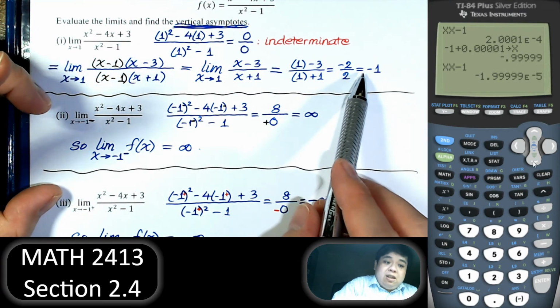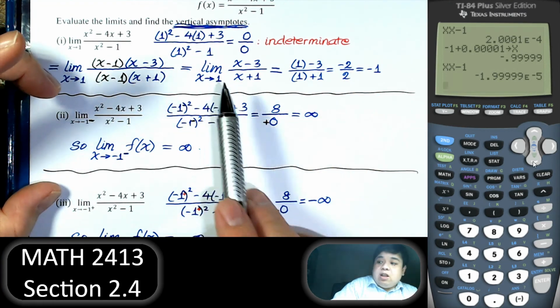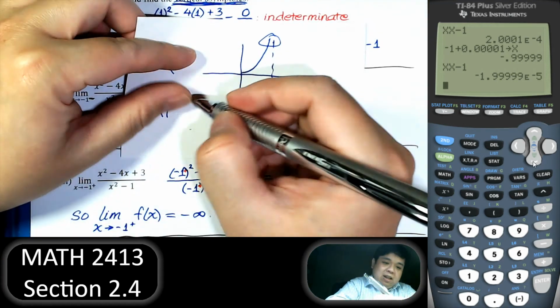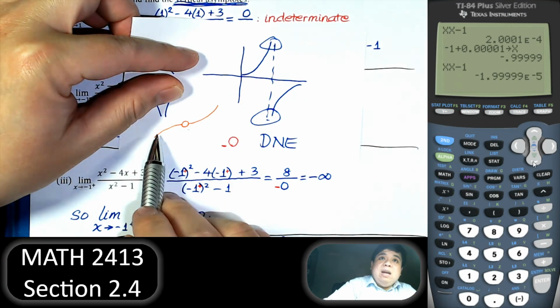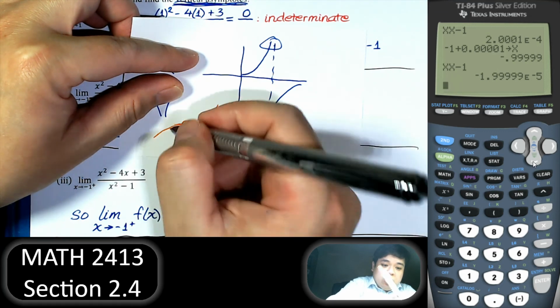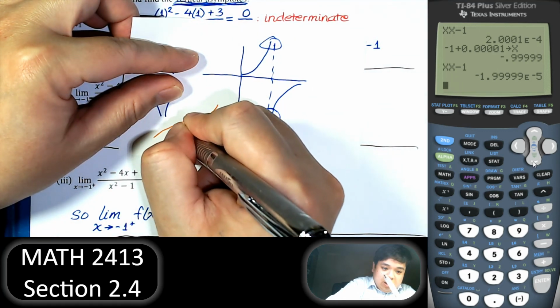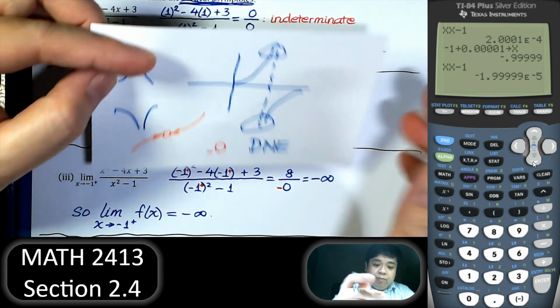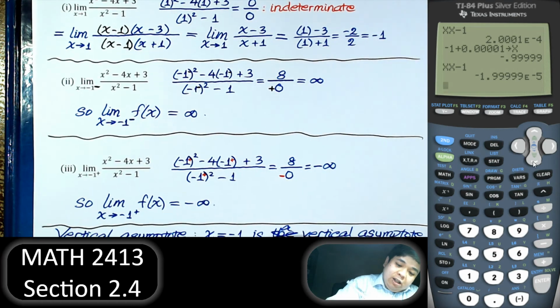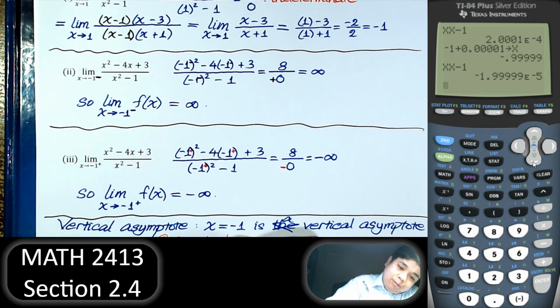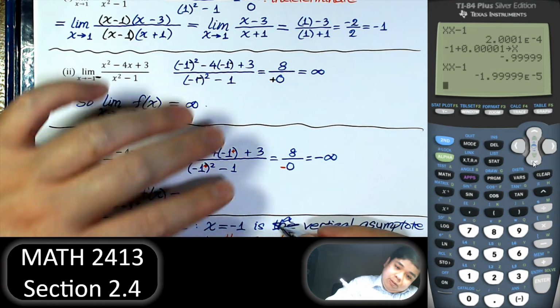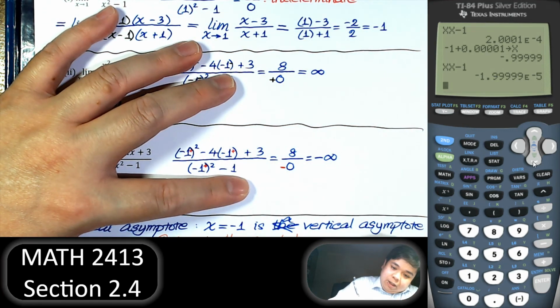The limit exists, but the function is undefined. The limit exists because both sides go to the same number, although the function is undefined. So when x equal to 1, we say the graph has a hole at x equal to 1.